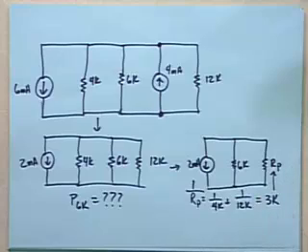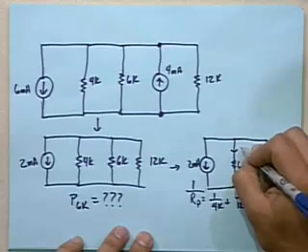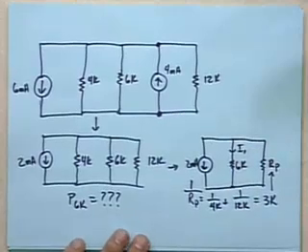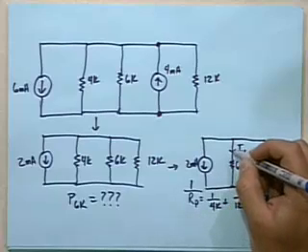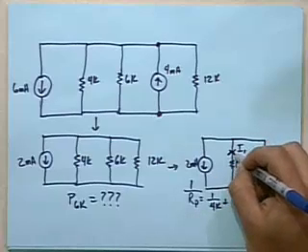And so now we can do a current divider to find out what the current is, call that one I1, that's running through the 6K resistor. In this case, let's go ahead and just change the direction so we don't have to muck around with negative signs.